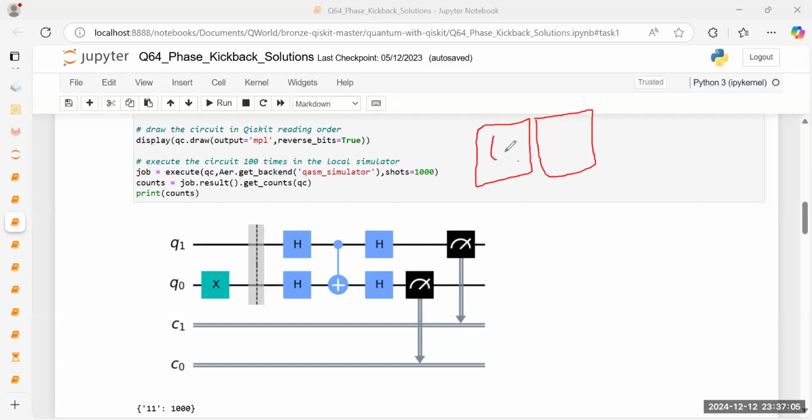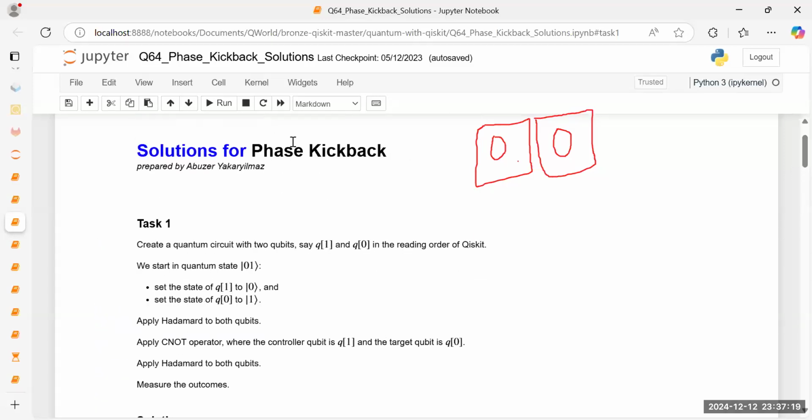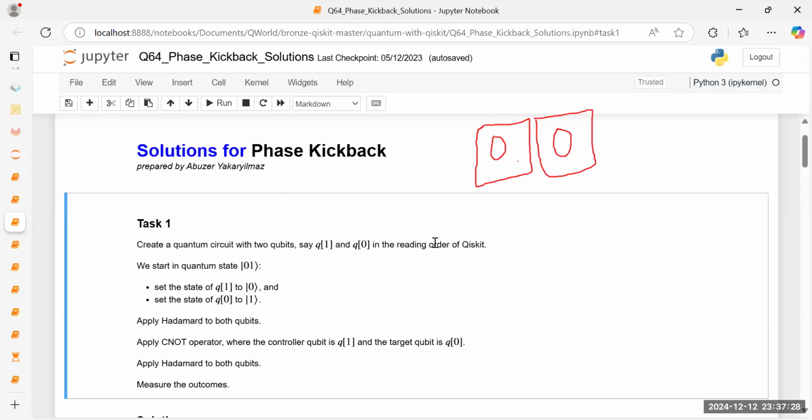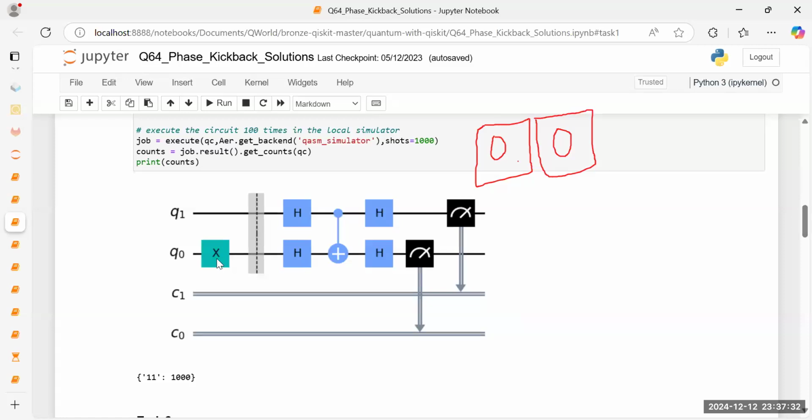So when we're starting off, we just have our qubits starting off with 0 here. So all our qubits start off with 0. But for the phase kickback implementation that I wanted to view here, we wanted 0, 1. That was why we applied an X gate here to convert 0 here to 1.